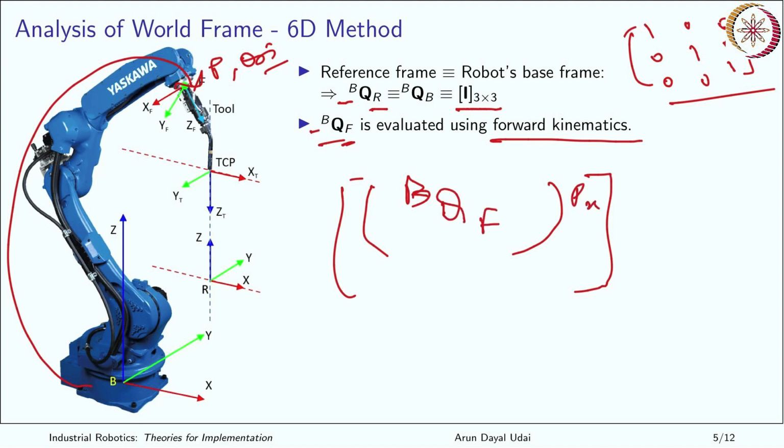This is your end effector position. This is 1, these 3 are 0. So this is already there in your forward kinematics transformation matrix, and you extract it directly from there. You know the joint angles, you know the DH parameters of your system, so this can be very well known.